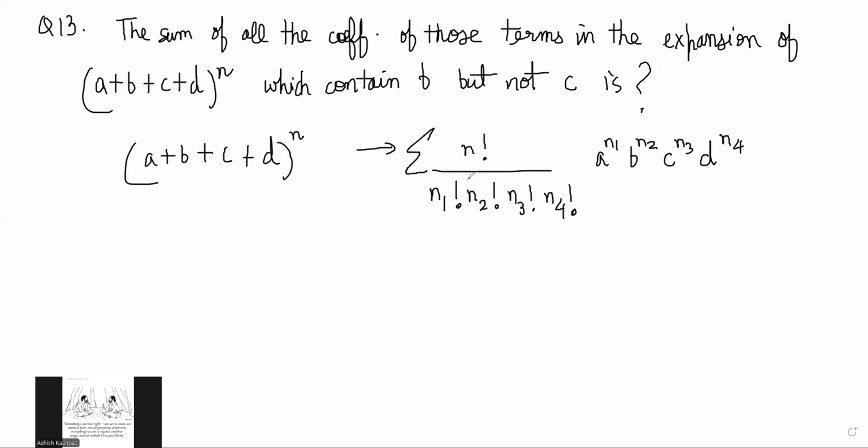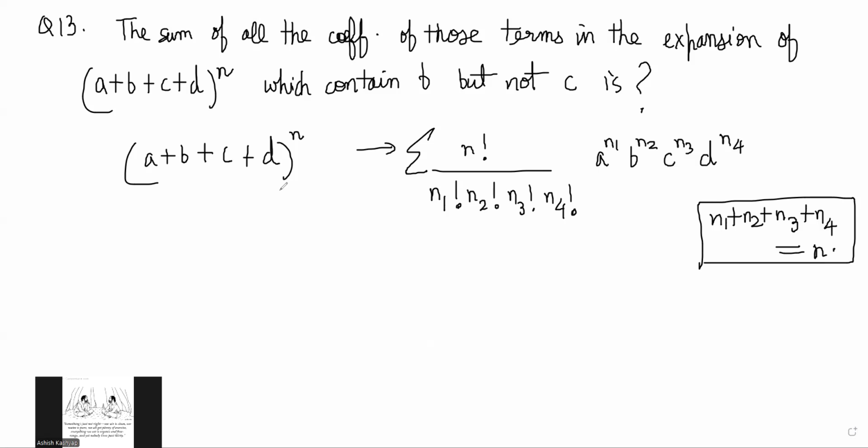And this is a summation over all such terms where n1 plus n2 plus n3 plus n4 is n. So all the possibilities are there such that n1 plus n2 plus n3 plus n4 is n. These are the terms that you will get.